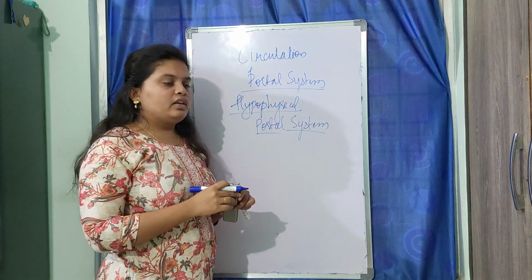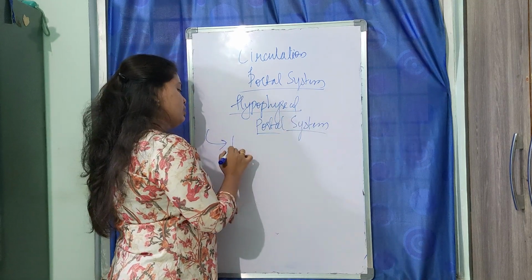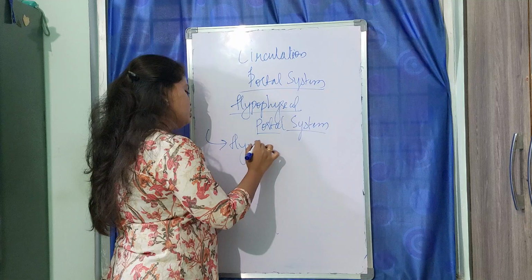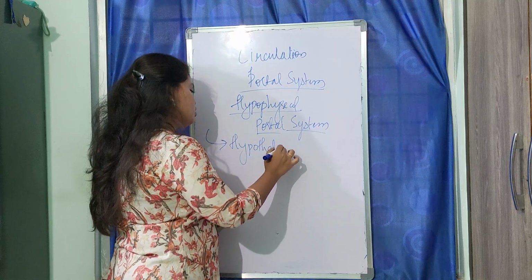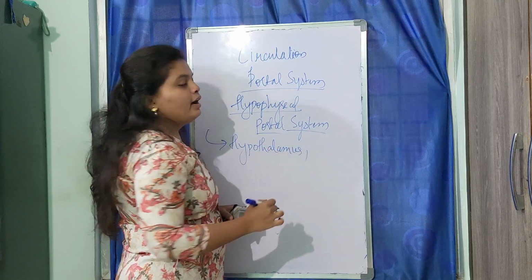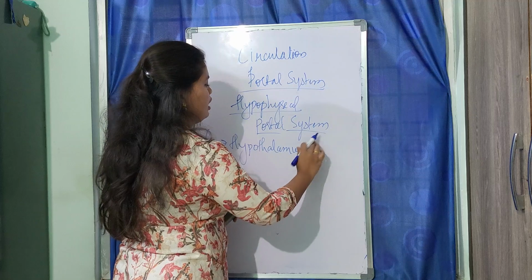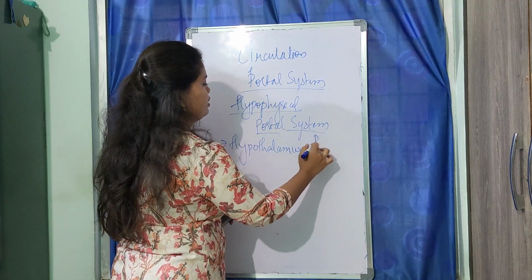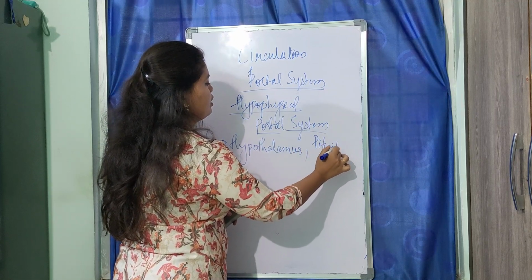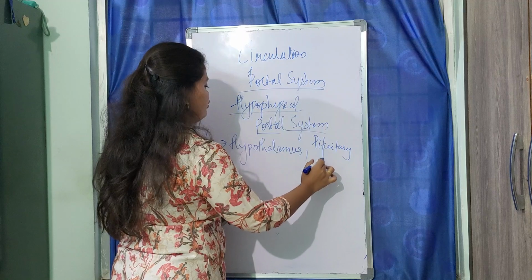The organs that are involved in the hypophyseal portal system are the hypothalamus and pituitary, and of course the heart.